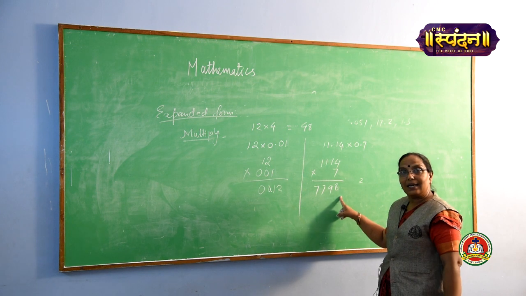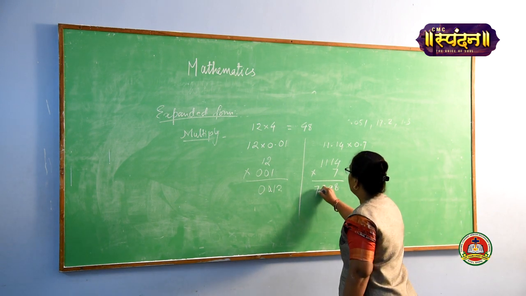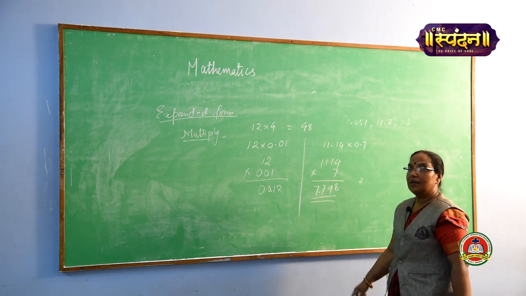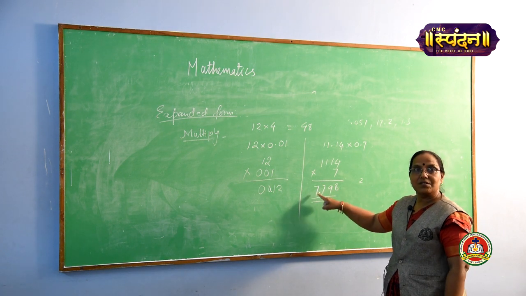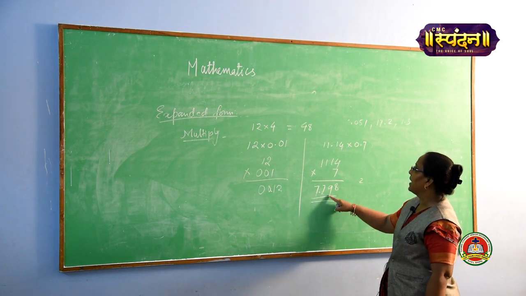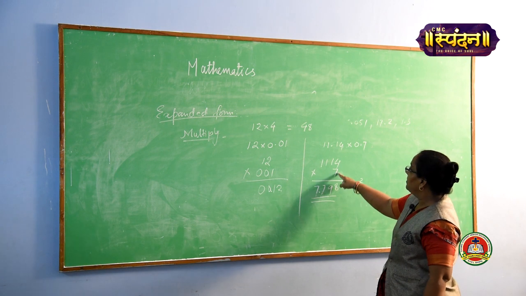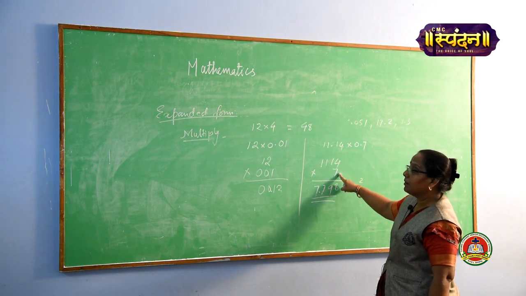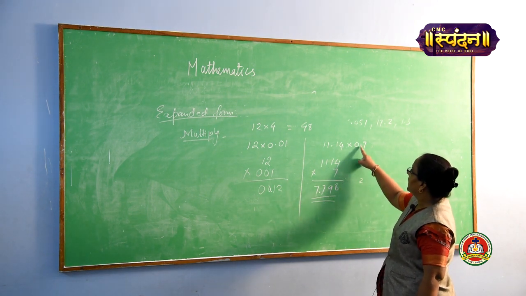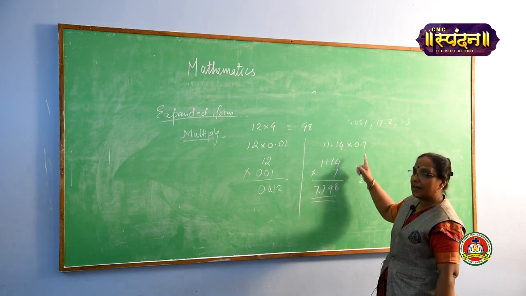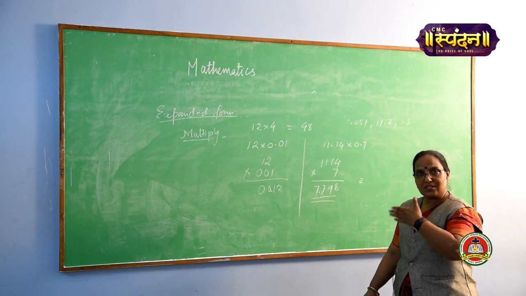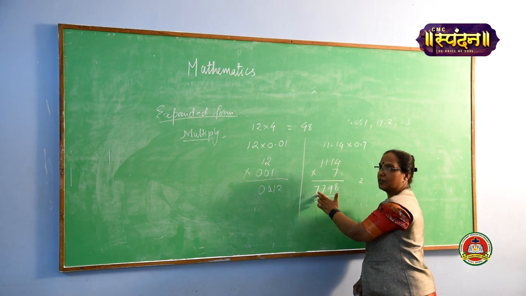So from the right side leave 3 places and write the decimal after 3 places, that means here. So the answer will be 7.798. Simple multiplication 1114 multiplied by 7, and after the decimal we have 3 digits, so just count the 3 digits from the right side and put the decimal here.